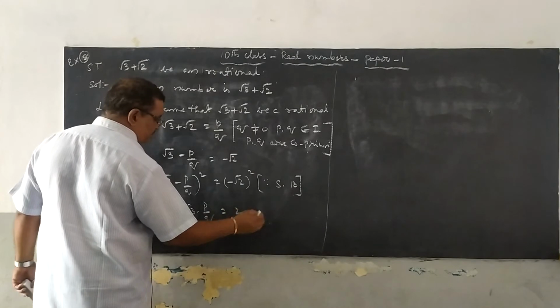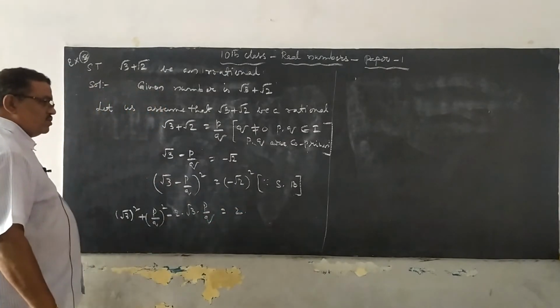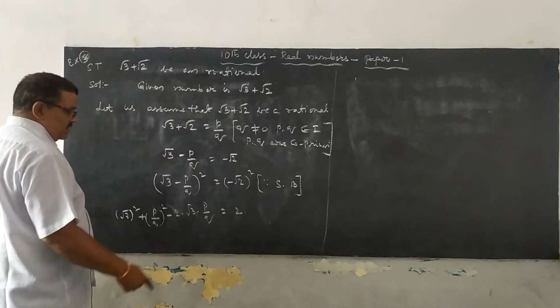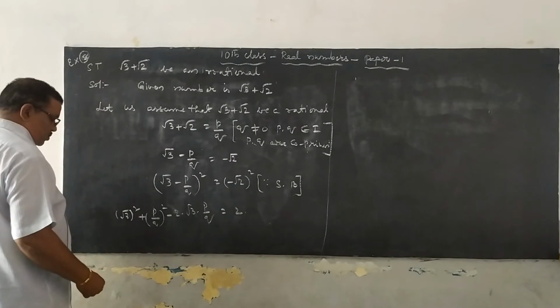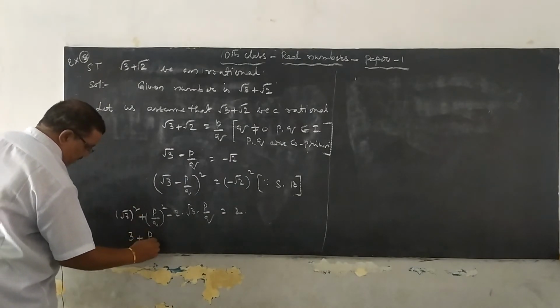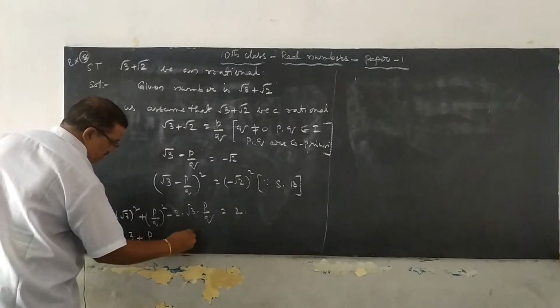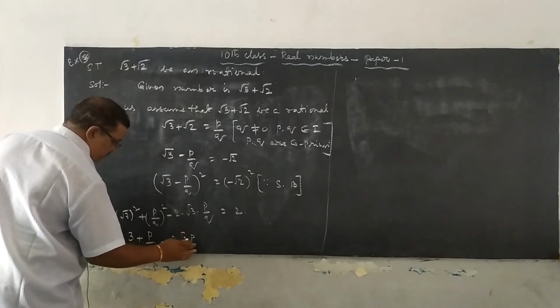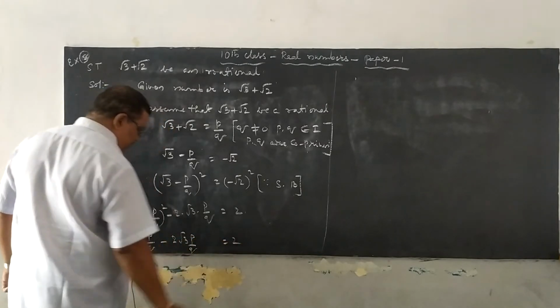Minus whole square is minus 1 into minus 1, that is plus 1. Root 2 whole square, square and square root cancel, you get 2. Likewise, 3 plus p squared by q squared minus 2 root 3 p by q is equal to 2.